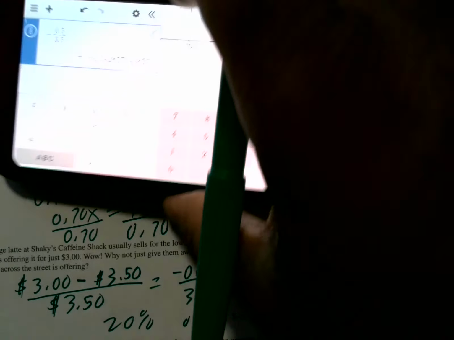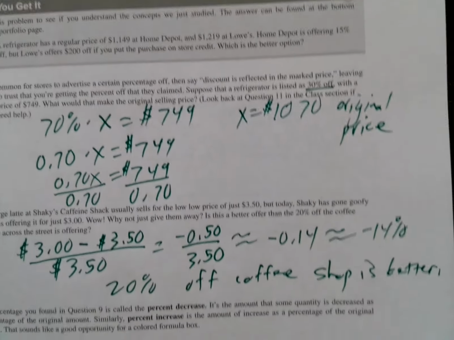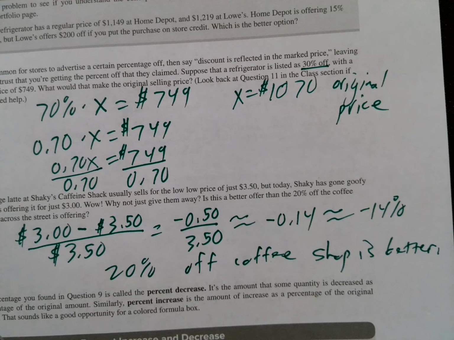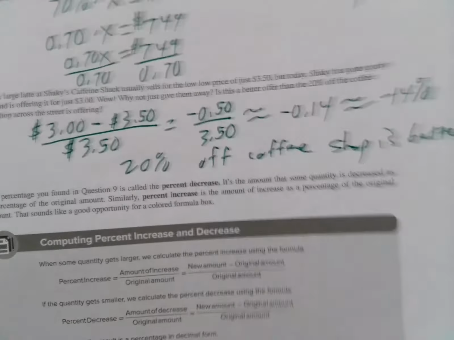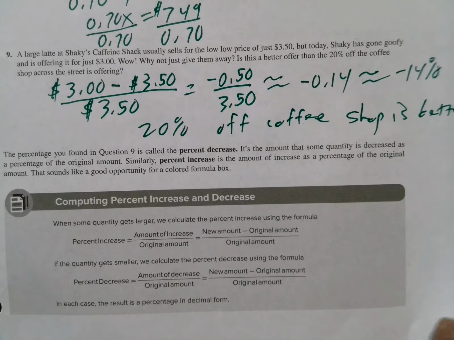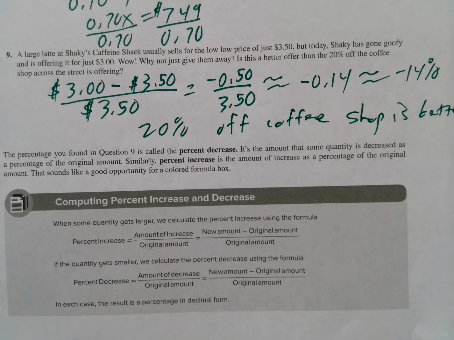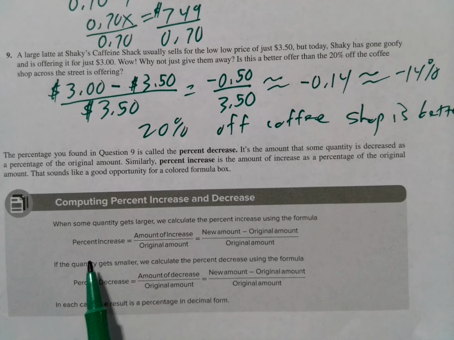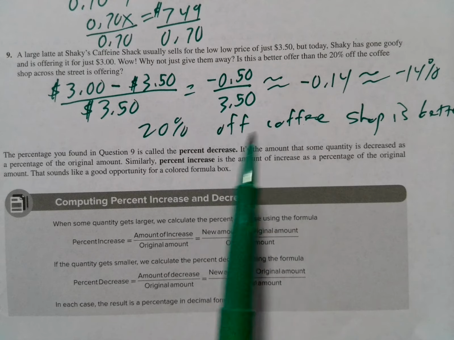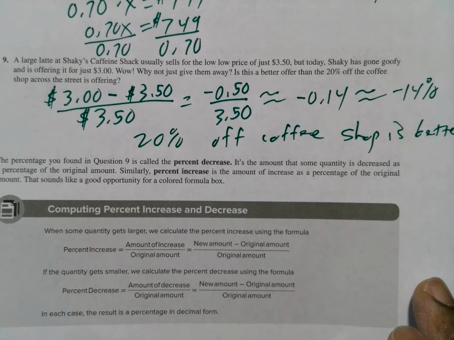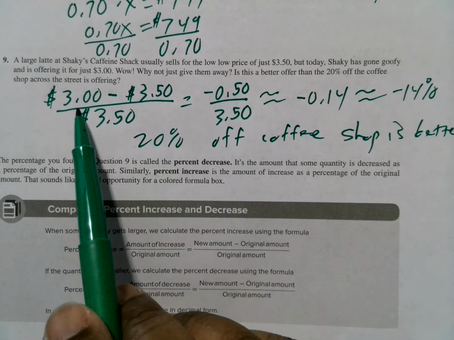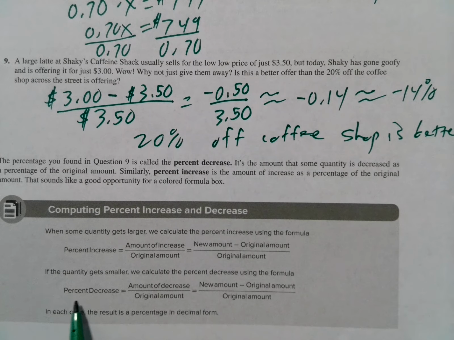Okay, now, I know you're probably wondering where I got this formula from. This formula is actually what we have here at the bottom of the page. It's compute percent increase and decrease. So basically, we were doing a percent decrease here because they had the discount from $3.50 to $3. So it says percent decrease is the amount of decrease divided by the original amount.